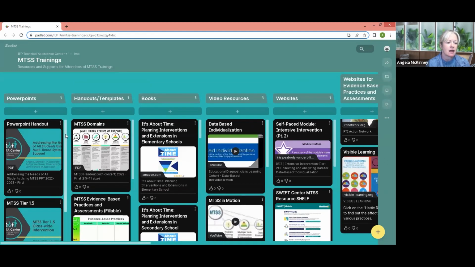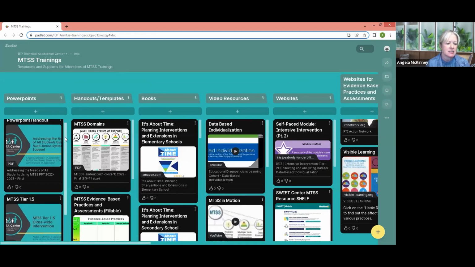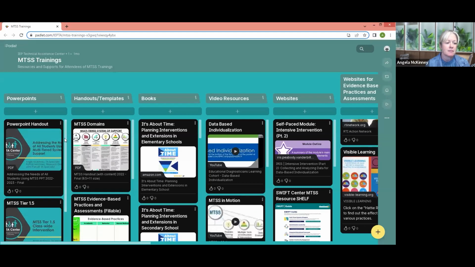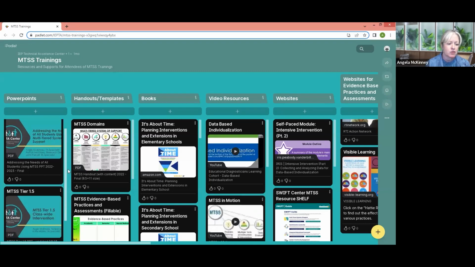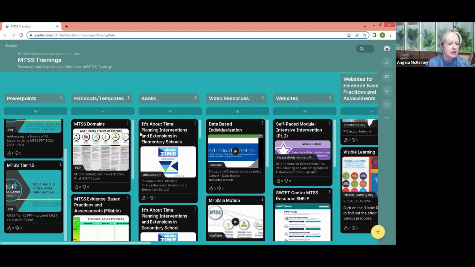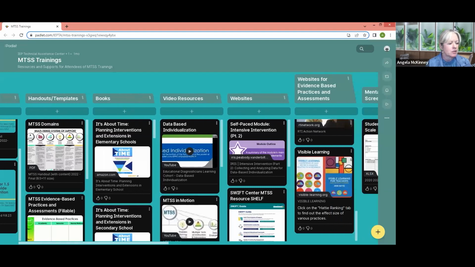So you're going to find a copy of the handouts for tonight in this first column, only you're getting the full version. What you see tonight is only a snippet of that full day training, so we don't have all of the slides included, but you will find those in that first column. So some different handouts there. I want to point you to a couple of key things here.